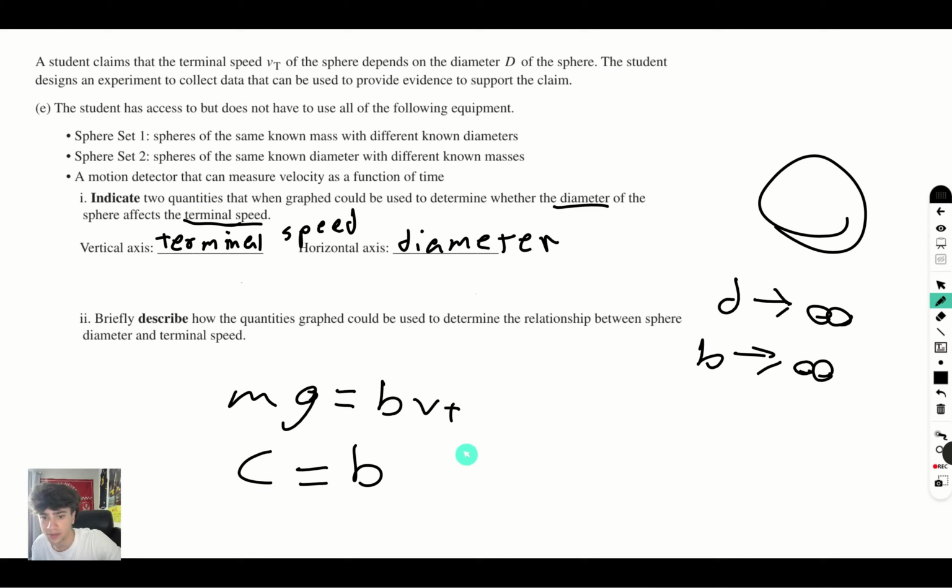And as b approaches infinity, our velocity is going to be approaching 0.